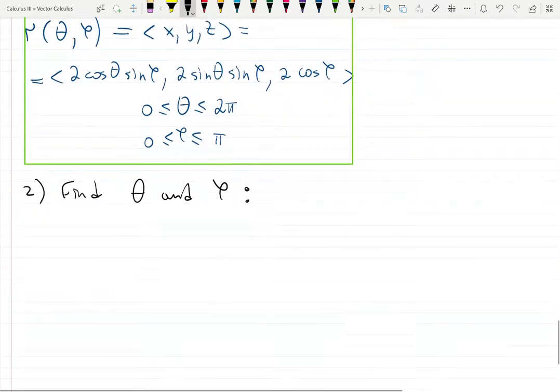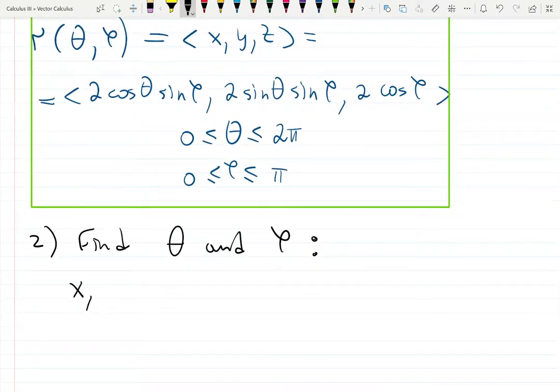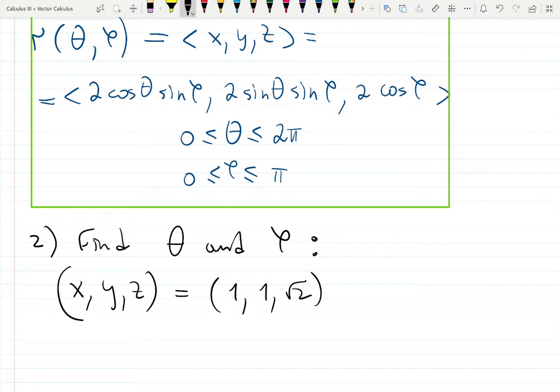Well, we have x, y, and z. X, y, and z is the point. I would say the point, not the vector. The point is given: 1, 1, and square root of 2. So we set it equal to this huge equation. Let me just copy it, and we'll have to solve it.